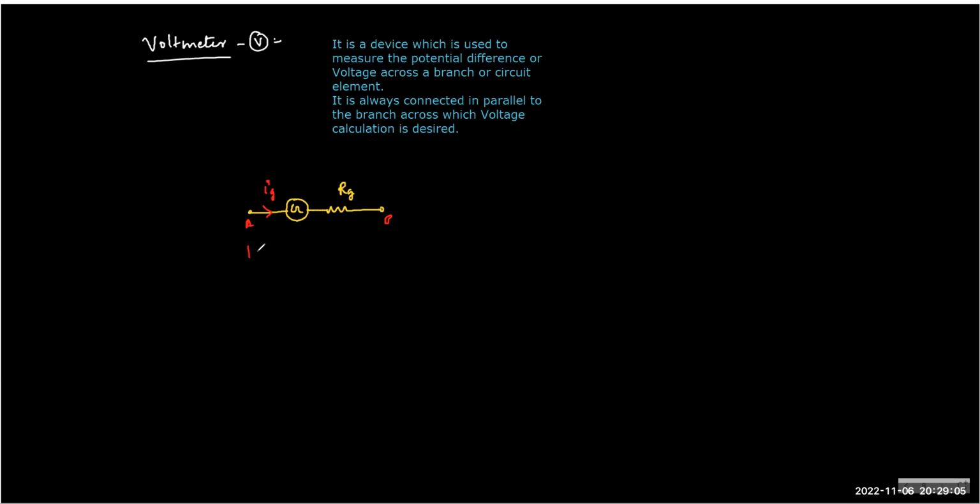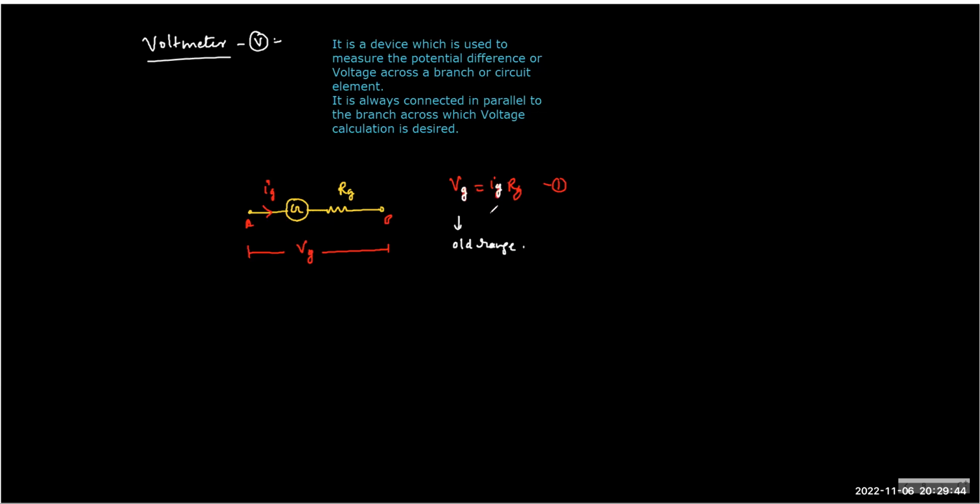So this is called VG, the old range. IGRG equals VG. It is the old range, because we cannot measure more than this; if we increase the current more than IG, it will get damaged.